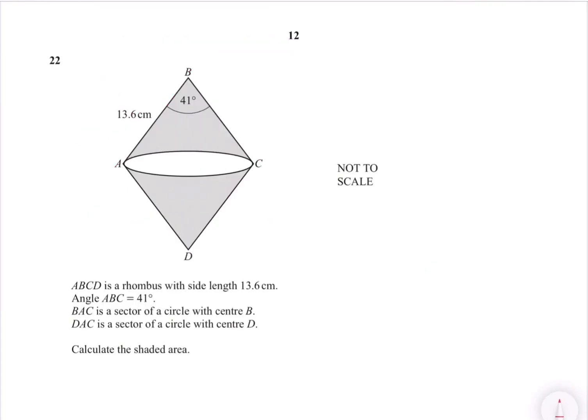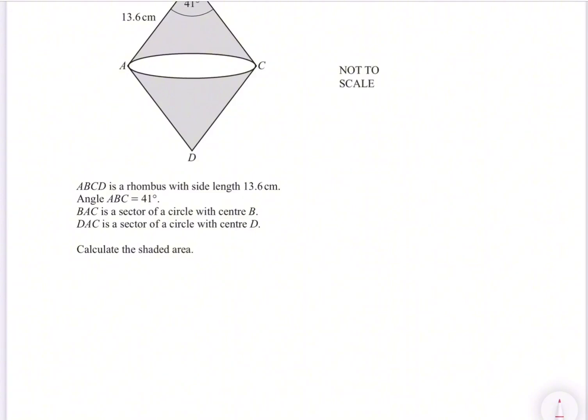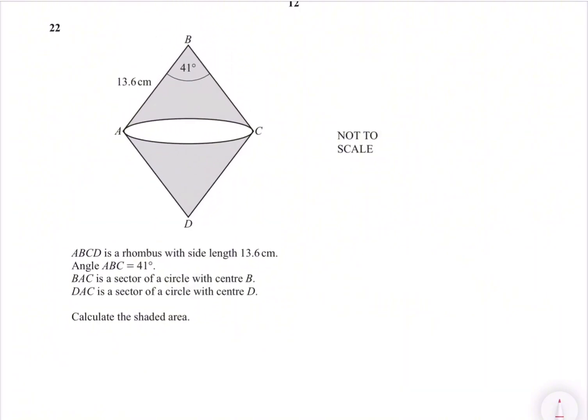Okay, our question number 22. We have to calculate the shaded area, so we must be very careful in handling this type of question. It's a rhombus, so opposite angles are the same and all the lengths are also the same. Find the area of one triangle, which is an included angle triangle.